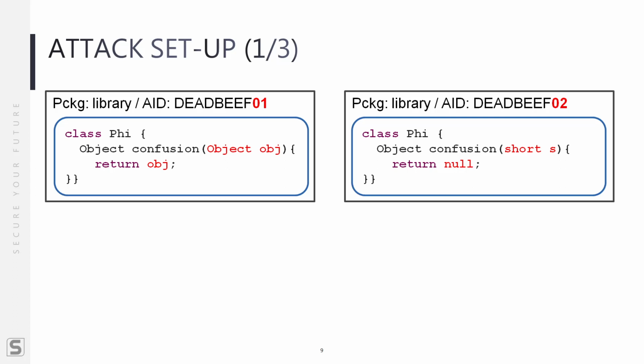However, in the first class, the method takes an object as parameter and directly returns it, and in the second class, the method takes a short and returns the null value. At this point, everything is fine, and this construction is fully compliant with the specifications, and the bytecode verifier validates these two packages.